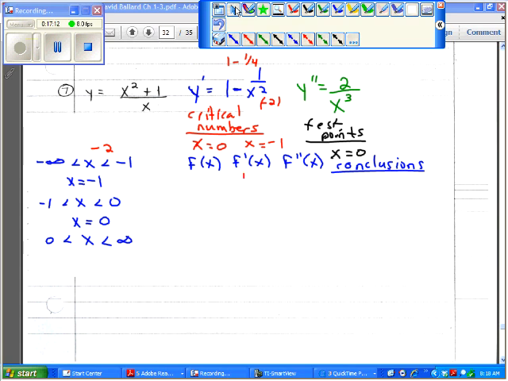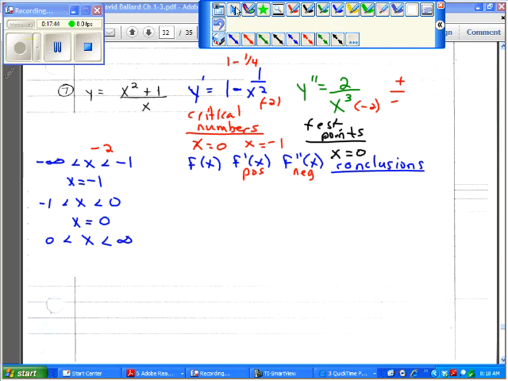If I look at the second derivative, if I put a -2 in here, I'm going to have a negative, so I have a positive 2 divided by a negative something. A positive divided by a negative is a negative, so we will be negative in the second derivative in that first interval.